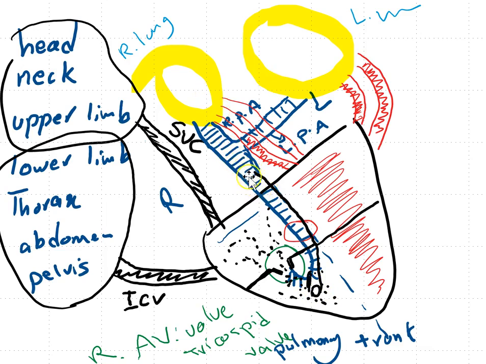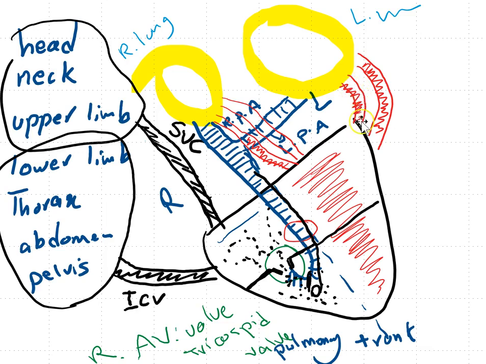Very soon this pulmonary trunk divides into two branches: the left pulmonary artery, which goes to the left lung, and the right pulmonary artery, which goes to the right lung. From each lung, two vessels bring oxygenated blood to the left atrium. Is it an artery or a vein?